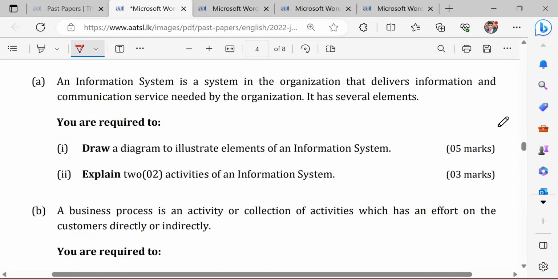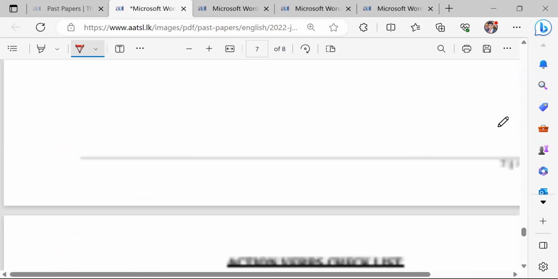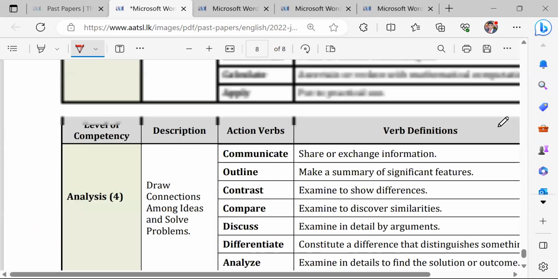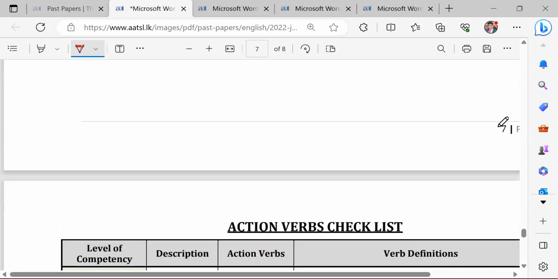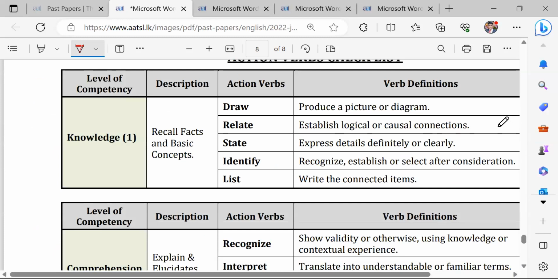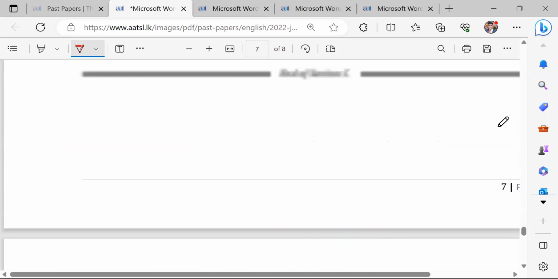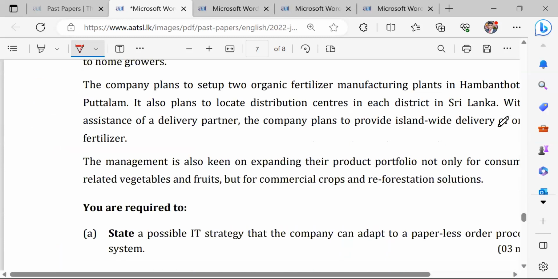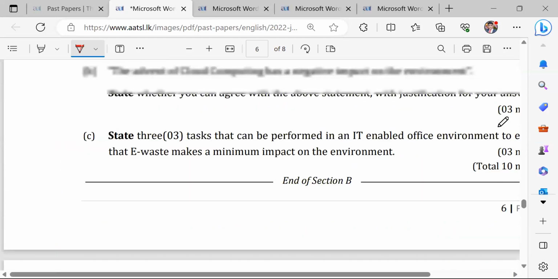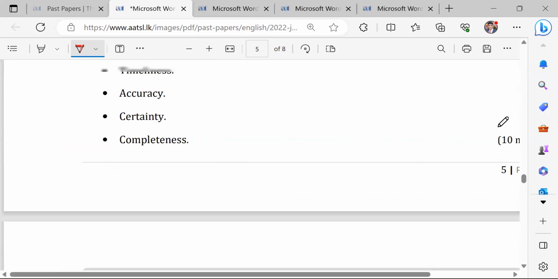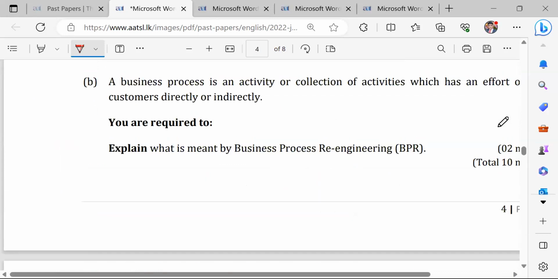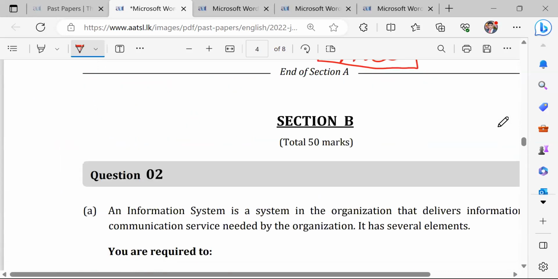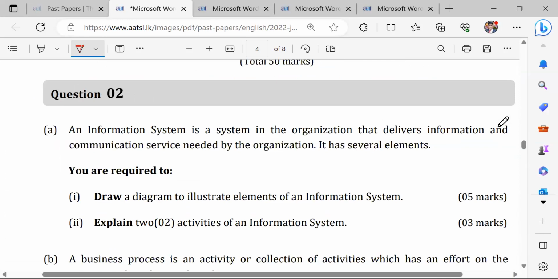Now, the study action verb is given on the last page. Draw: produce a picture or diagram, right? Then that is expecting a diagram. Draw means we have to draw the diagram. Which diagram? It says draw a diagram to illustrate elements of an information system.